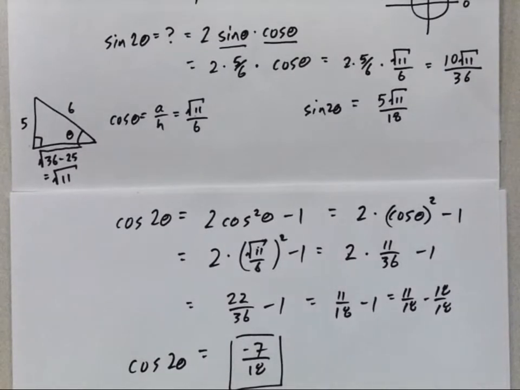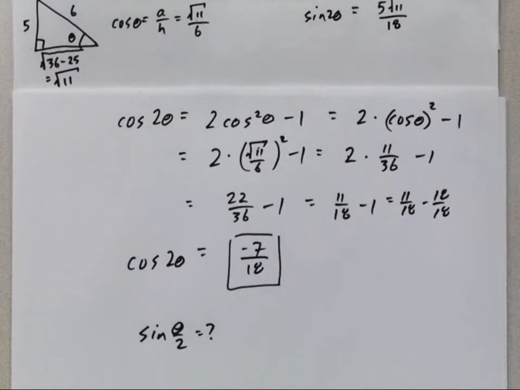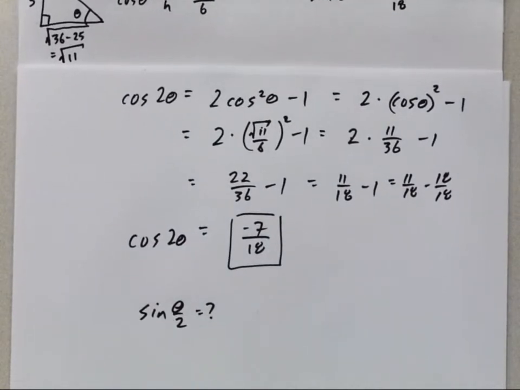Next, they said the sine of theta over 2. Now let's talk about this, because we've got our formula. Let me write it down, and then let me talk about some things we have to figure out before we use the formula.